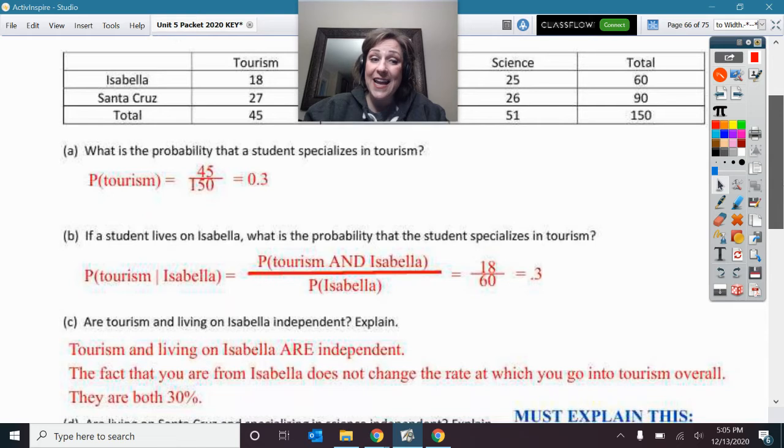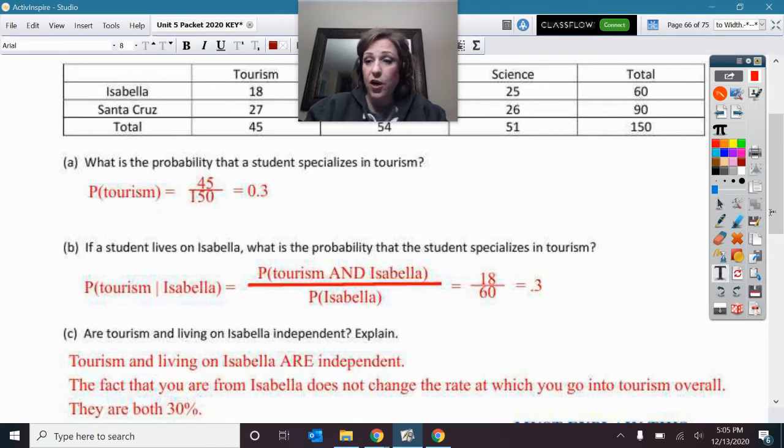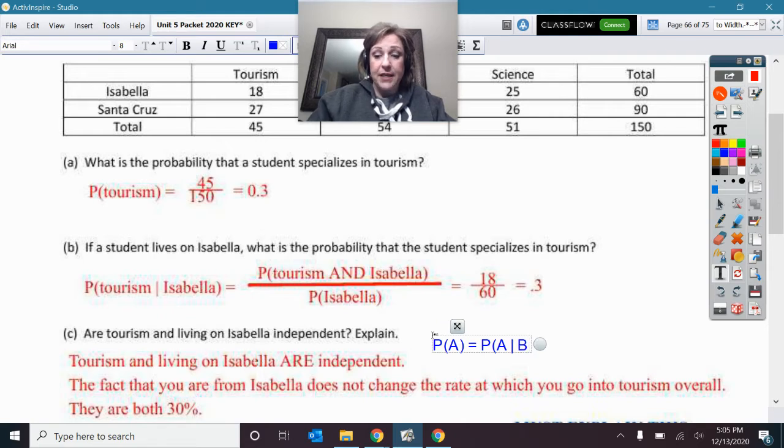Now, we are then asked, are tourism and living on Isabella independent? So you remember that to check for that independence, we are always setting up that situation where we say, is the probability of A equal to the probability of A given that B has happened?